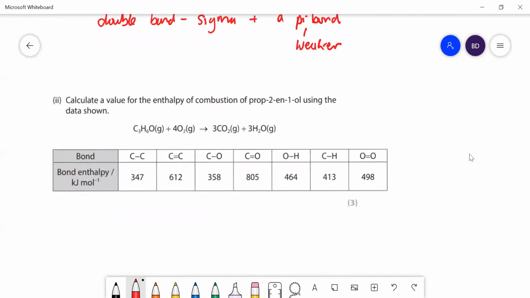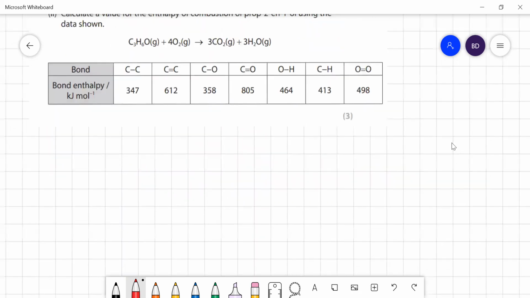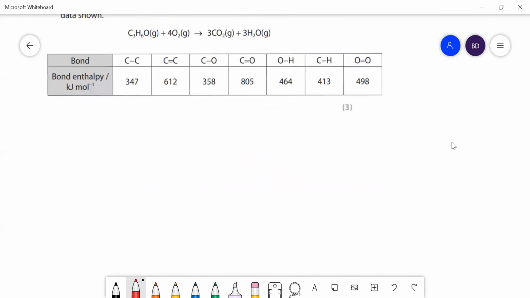Okay, so now we've got to calculate the enthalpy of combustion using the bond enthalpy data. It's usually a good idea to draw out the actual chemicals with the bonds. With the displayed formula it's very easy to forget a bond being there if you don't do that.